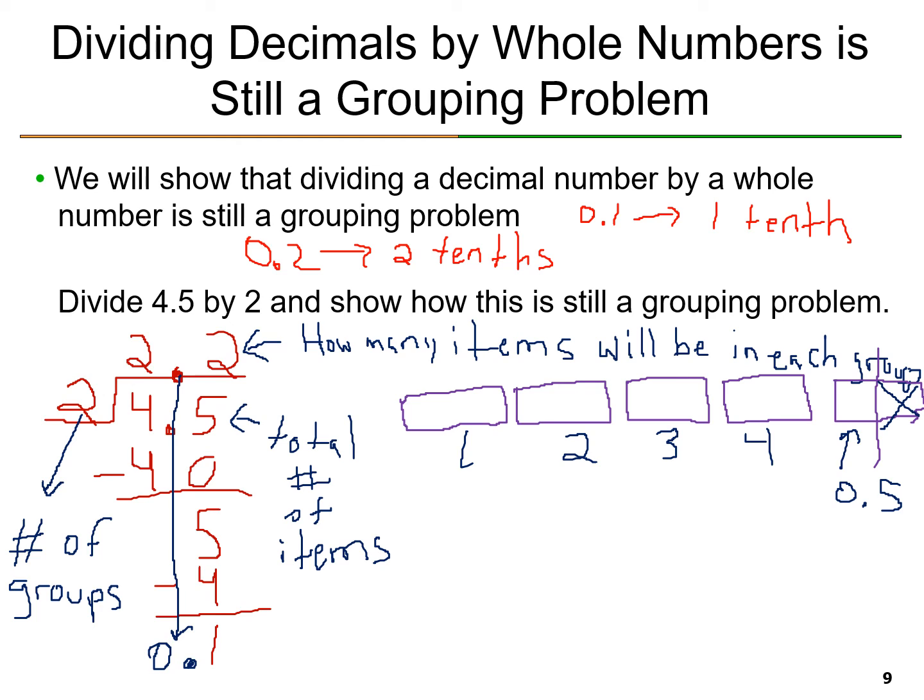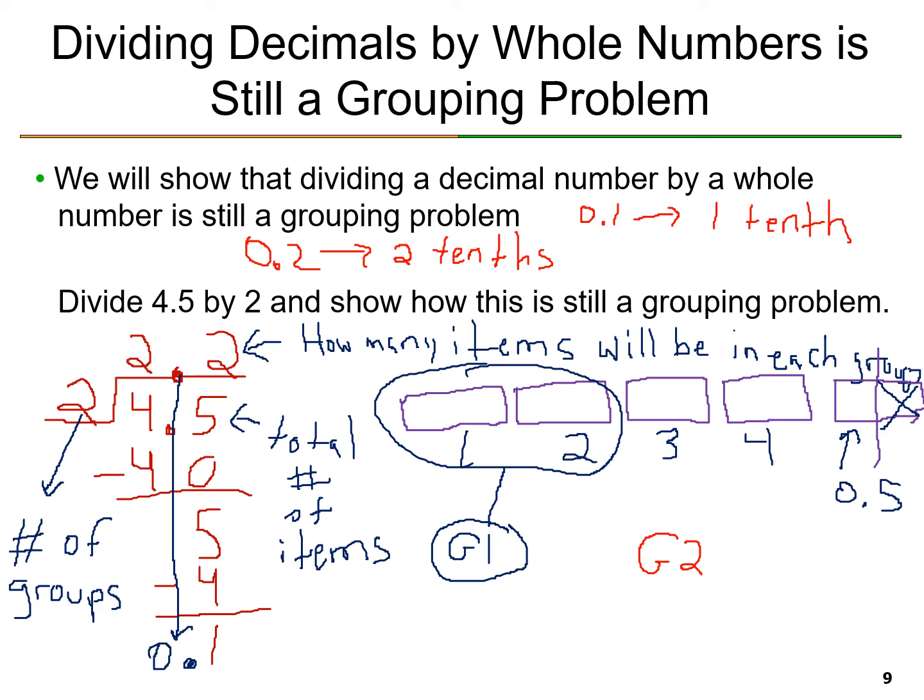In group number 1, let's call it G1, let's assign these 2 items to group 1. And for group 2, if we look at the whole number part of the quotient, the whole number part of the quotient is 2.